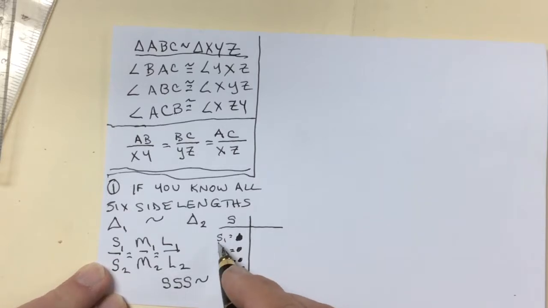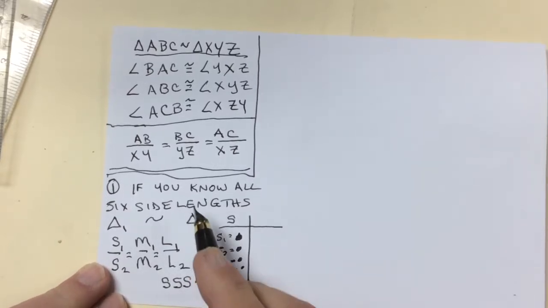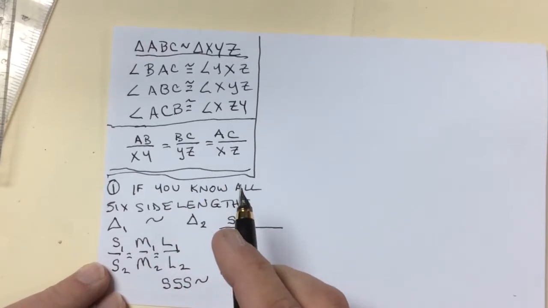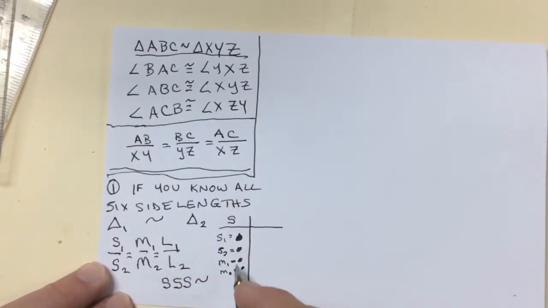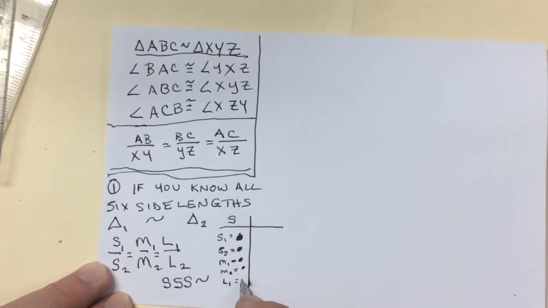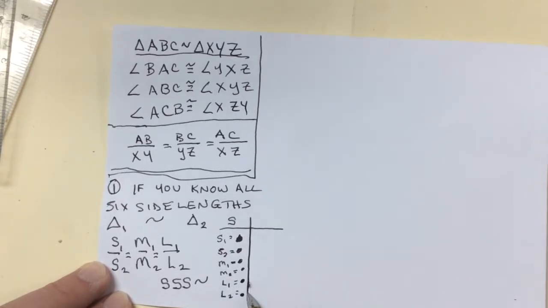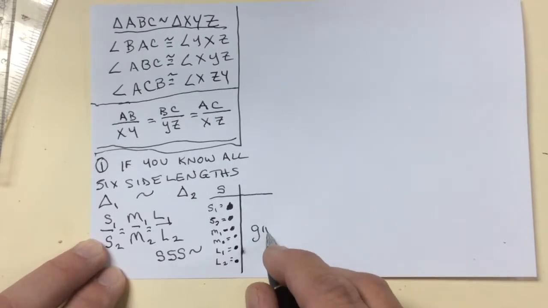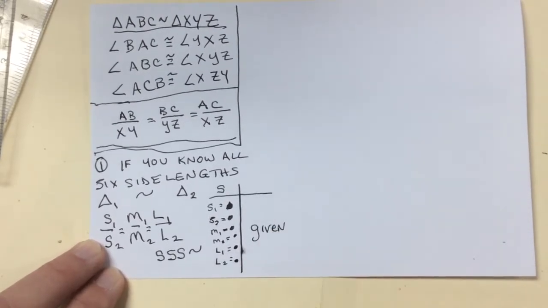Of course for each one you wouldn't be putting S1, S2, you'd be putting AB or XY or GH or TV, whatever the side is, but you have to list all 6 measurements. And if you have that at the very beginning, that's what's given. And you have to write that down.